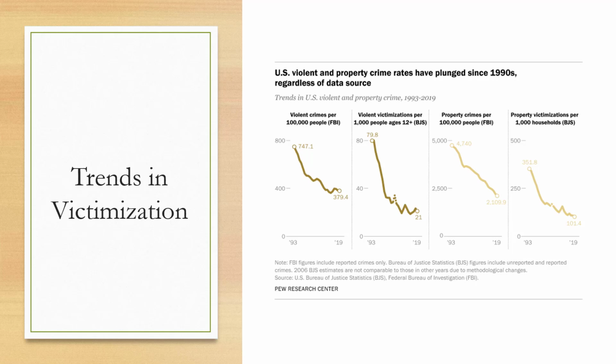So even if you look at victimization surveys versus the UCR, which is the FBI, versus actual police data, all of them will say that we are experiencing less victimization in the U.S. It's been happening since the 90s.